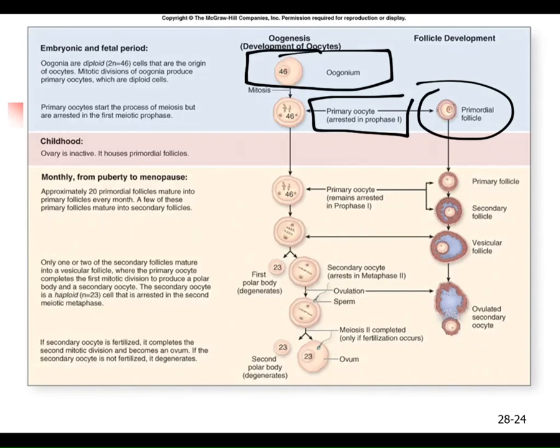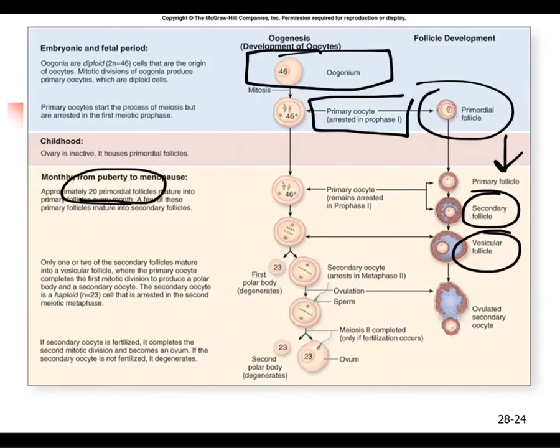These primordial follicles are sitting around the outside edge of the ovary in that cortical region and doing nothing for the next 10 years plus. Under hormonal signals, they will begin a journey, about 20 of them every month. And so about 20 primordial follicles will begin to mature into primary follicles and then go to secondary and then finally go to tertiary, vesicular, or mature.